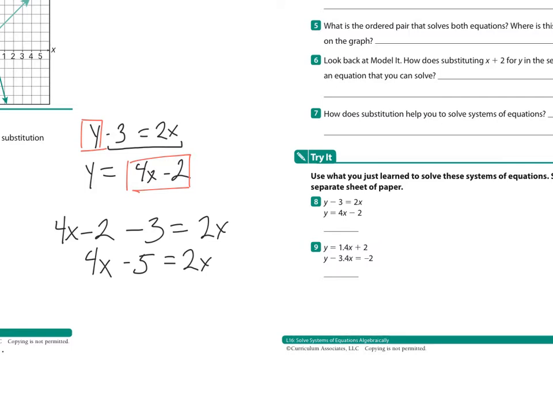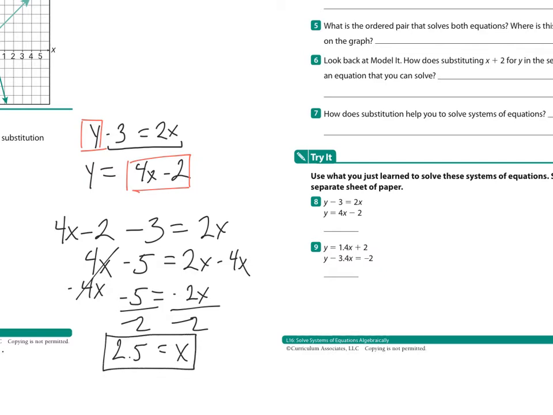And let's go ahead and subtract 4x from the left and the right side. Cancels out. Negative 5 equals, be careful with your signs, negative 2x. Now you divide by negative 2, divide by negative 2. X equals 2.5. So we're halfway done. I know that x is the same as the number 2.5.